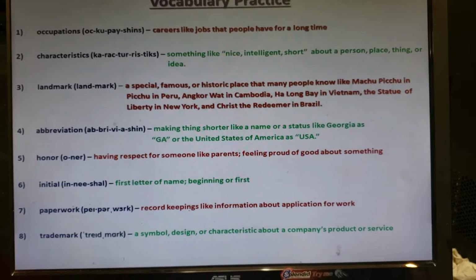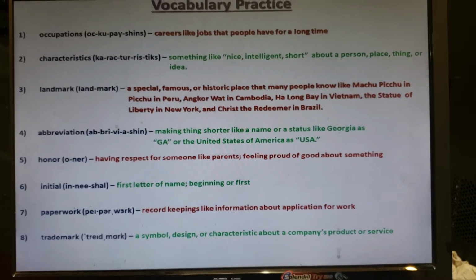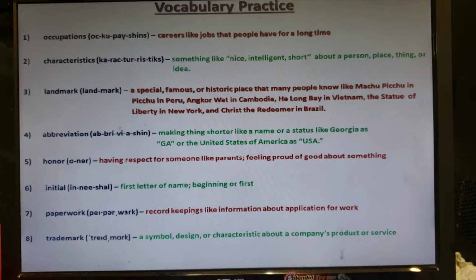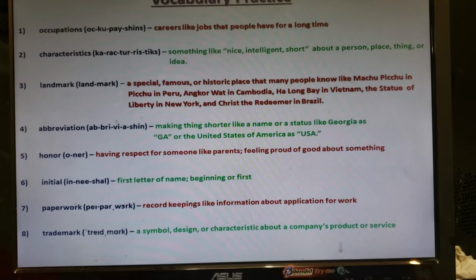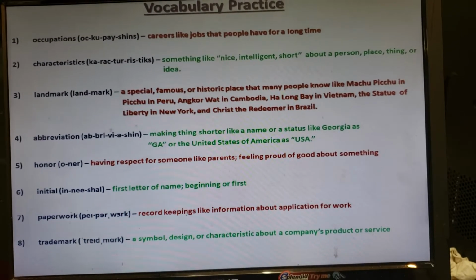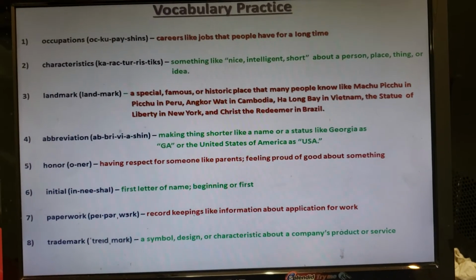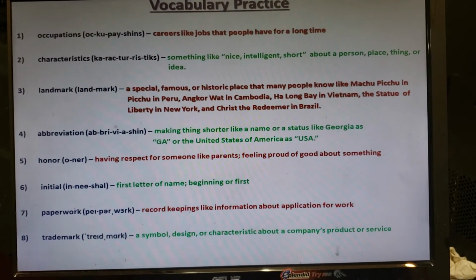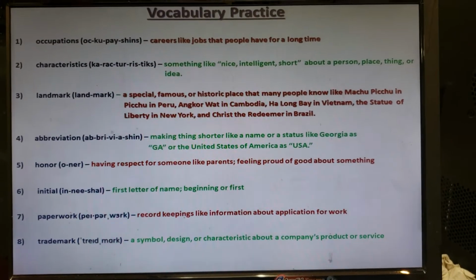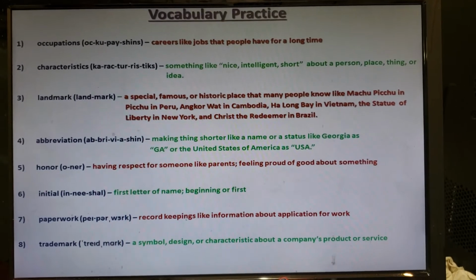A characteristic can be a person who is tall, a person who is intelligent, a house that is big. Something like nice, intelligent, short, about a person, a place, thing, or idea. If you say John is short, John is smart, John is funny, these are his characteristics.